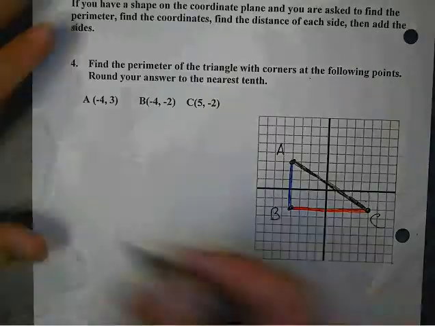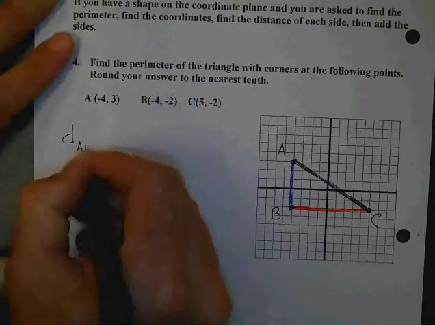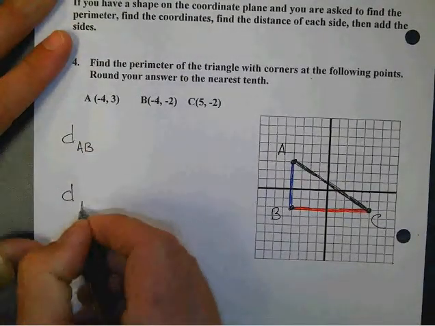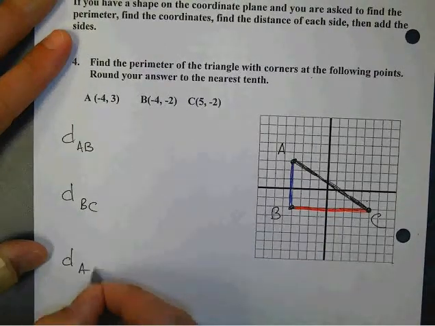All right, we have 3 distances. AB, BC, and AC.